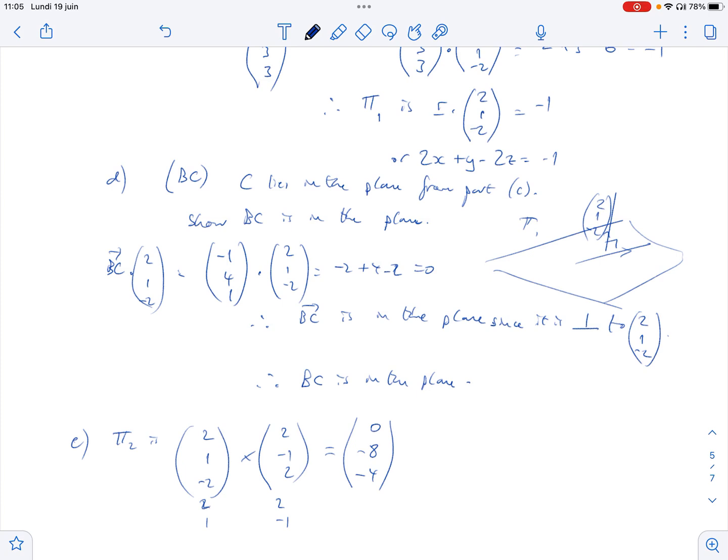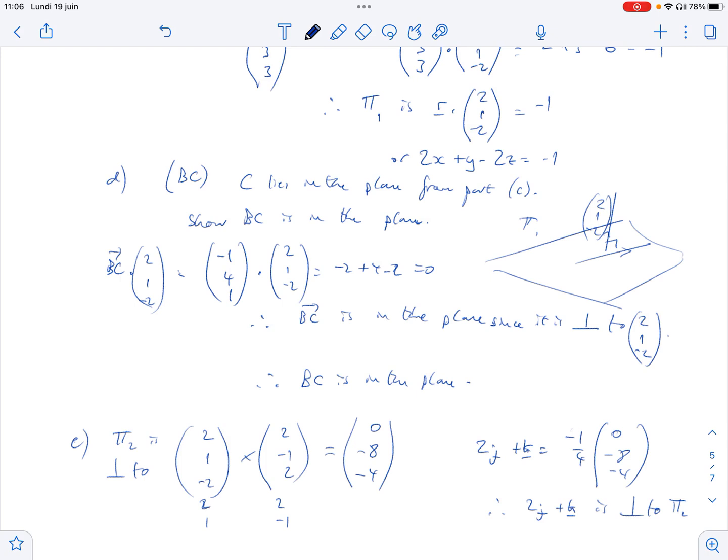So it's perpendicular to. So therefore we show that 2j plus k equals -1/4 times 0, -8, -4. Therefore 2j plus k is perpendicular to pi 2.